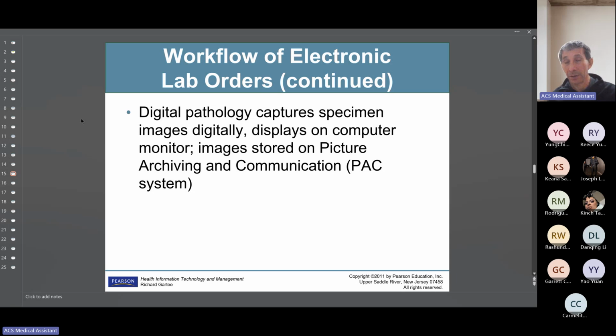We use PACS for that. So every single system that we use, whether for imaging, laboratories, or medication orders, we have different systems, applications that work with the electronic health records that allow us to capture all this information, and then we save it in our systems.